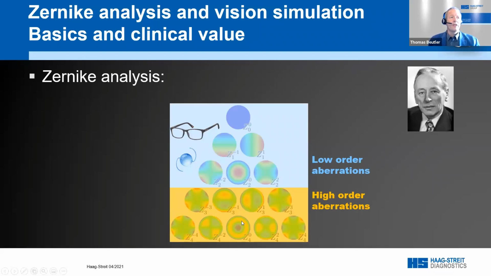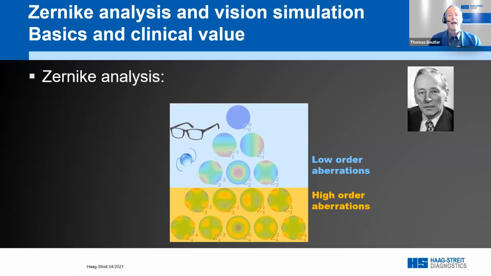The higher order aberrations, there we have the asymmetries. That's basically the coma. We have the asphericity, and we have second order astigmatism and trefoils here and here. These cannot be corrected by standard means.